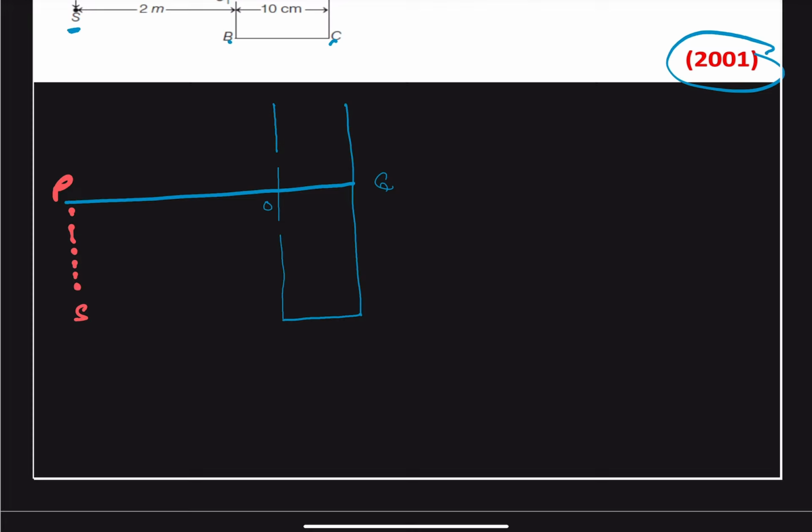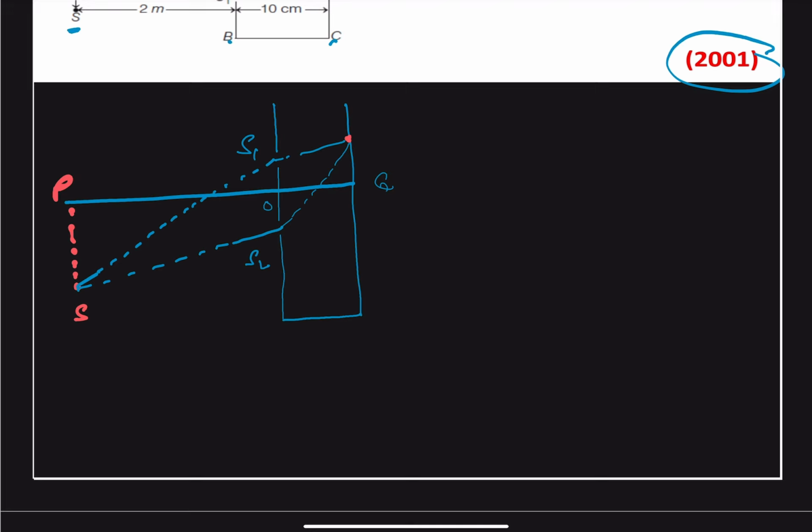And when this source, this is our S1 and this is our S2. So let us suppose they meet somewhere here. And we can just join it, and this one also.